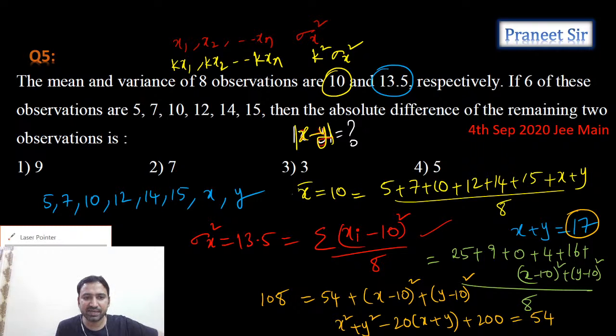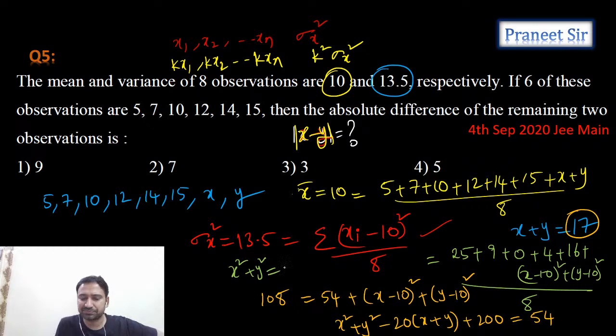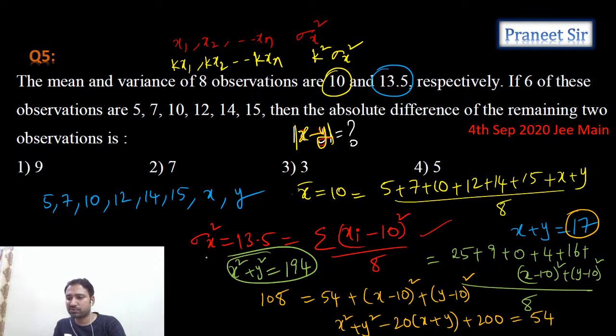If you substitute, how much do we get? 20 times 17 is 340, so x square plus y square is equals to 140 plus 54? Is it 194, guys? Are we getting x square plus y square is equals to 194?